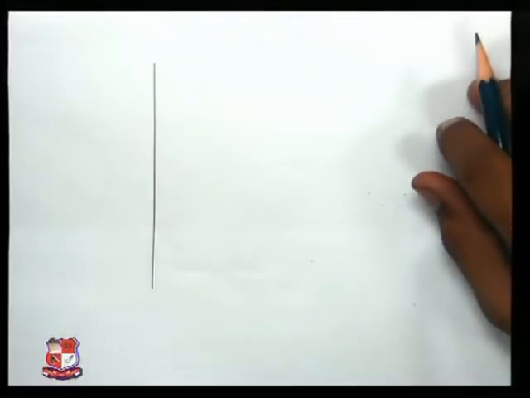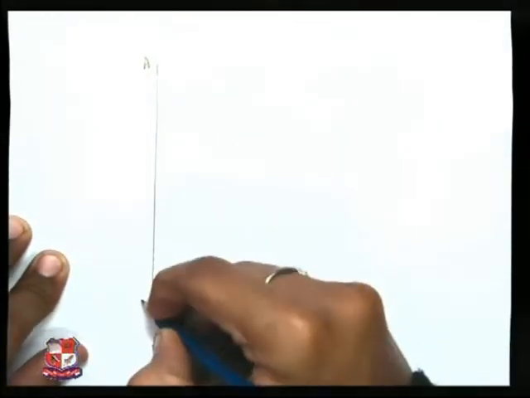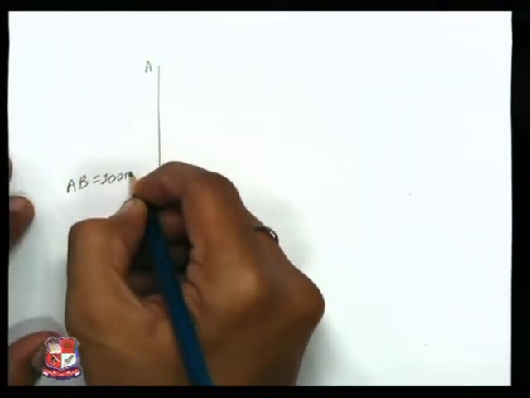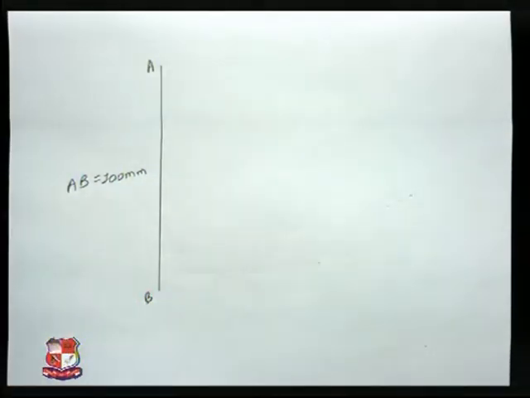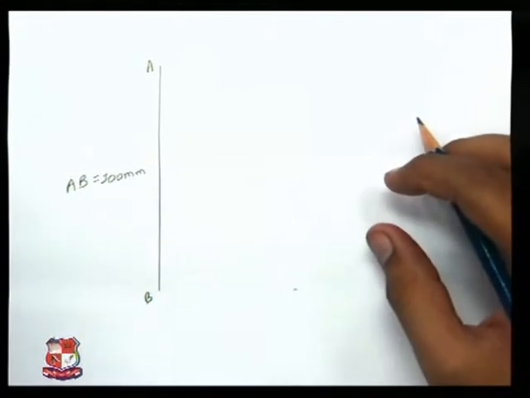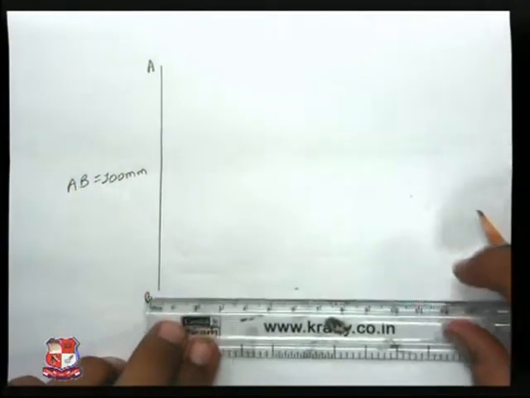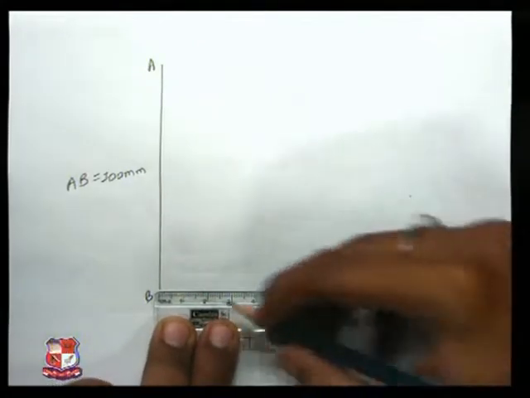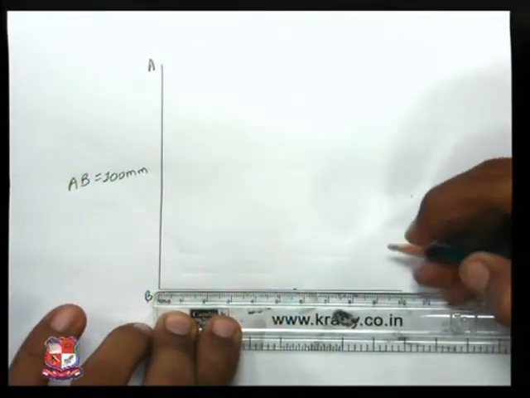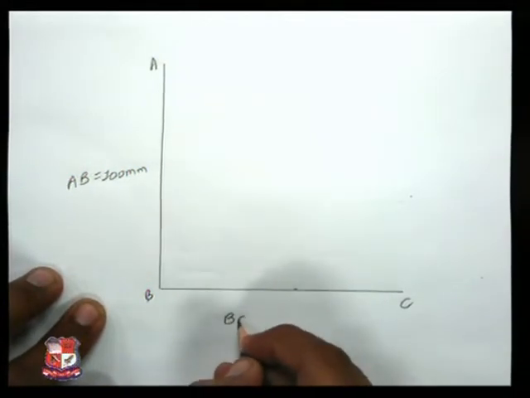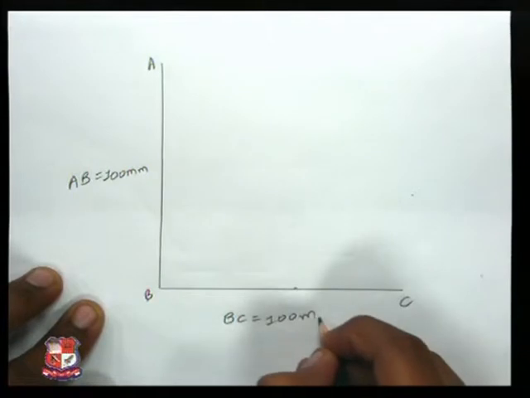Over here I am taking AB as 100 mm, and exactly perpendicular to AB I am going to draw a line BC, which will also be 100 mm. BC is equal to 100 mm as well.